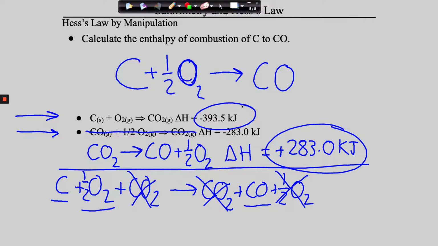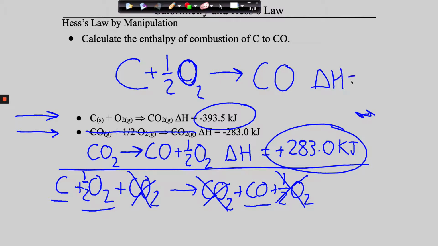Okay, so guys, I would encourage you to do the math. Signs are going to become your downfall in these. So we've got negative 393.5 plus 283. And, guys, I arrive at the number negative, actually let's put it in the proper place.